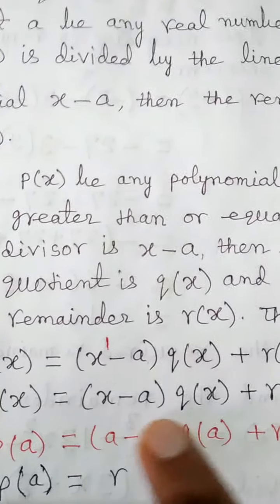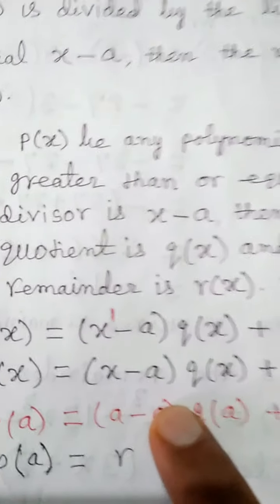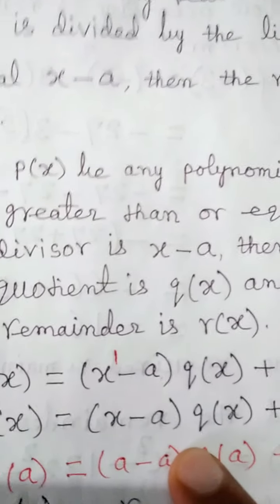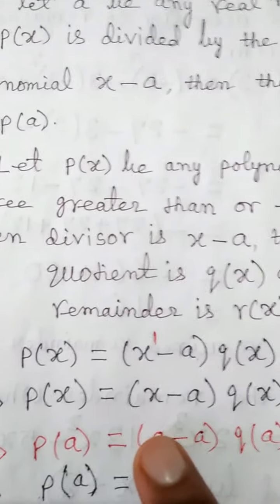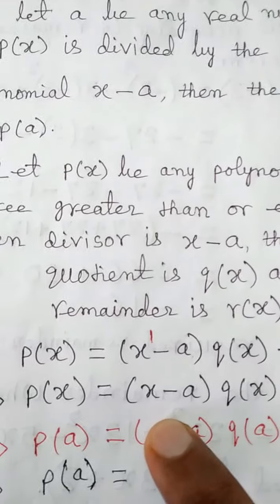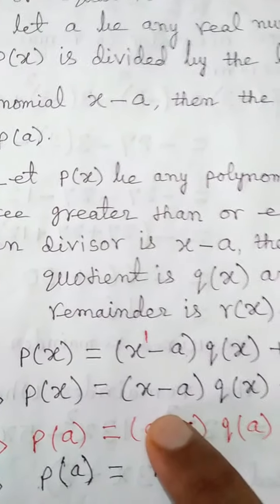Now find the zero of this polynomial x minus a. As we know, the zero of x minus a is a. If we put x equal to a, then we get 0. This special value will be put here.